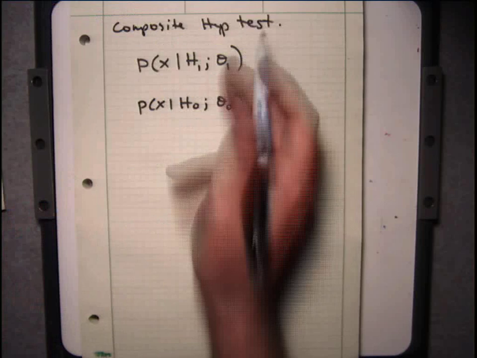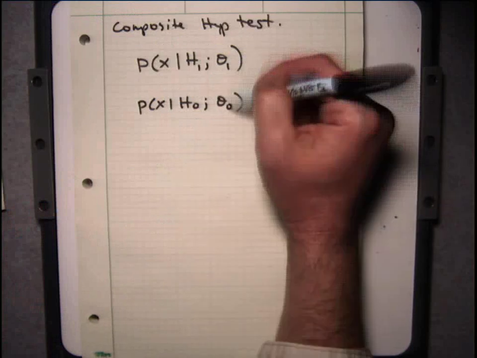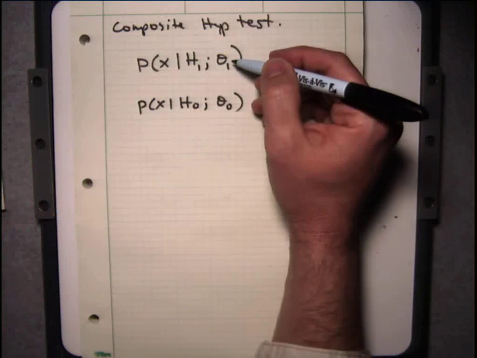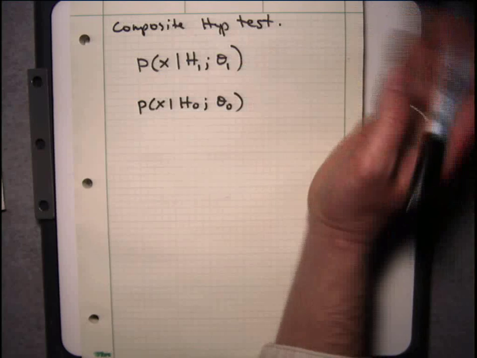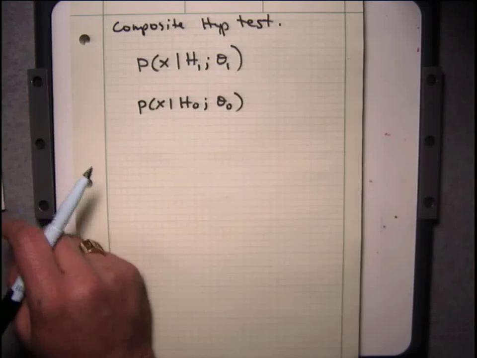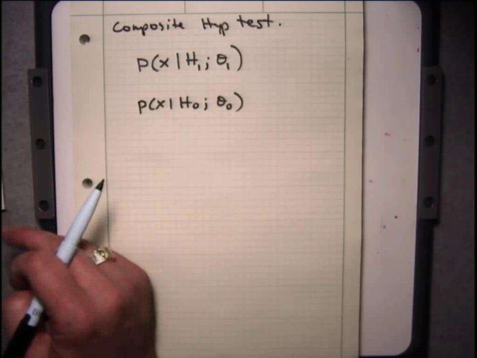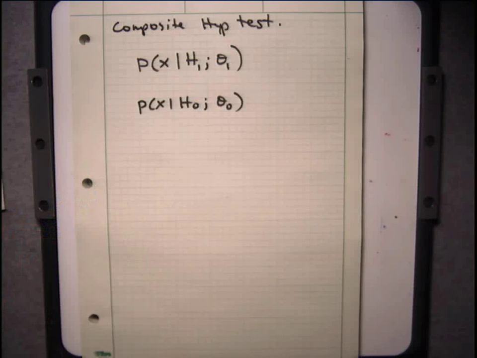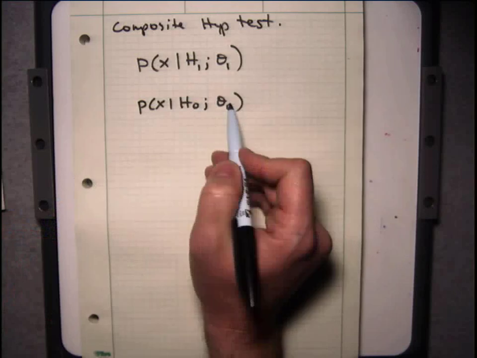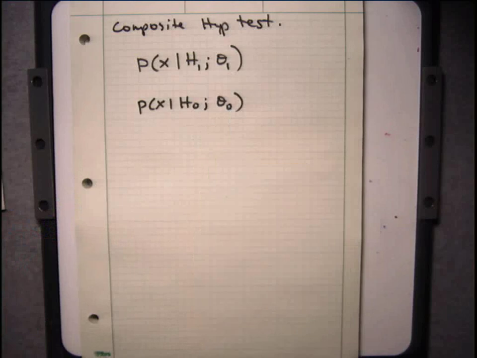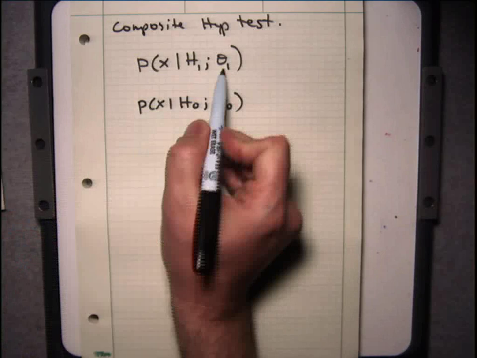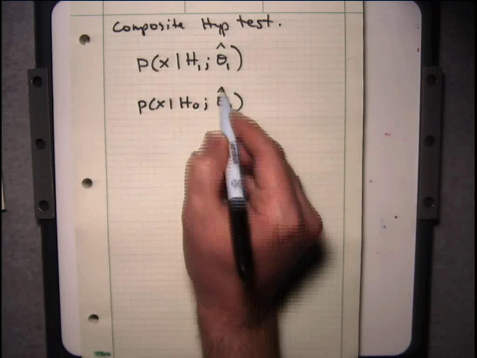All right, so if you have a situation like this where you have two unknown parameters, then the standard likelihood ratio test is not going to give you optimality. The likelihood ratio test was to fix the false alarm rate and you get a maximum probability of detection. In this case, if the parameters are unknown, you take whatever data you're given, and you construct the maximum likelihood expressions for theta 1 and theta 0.